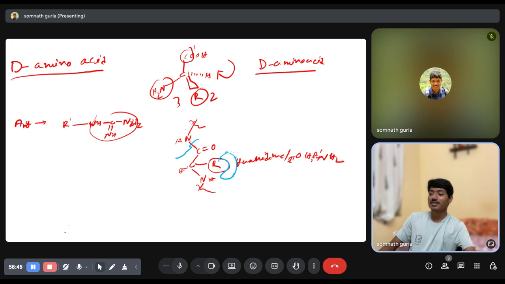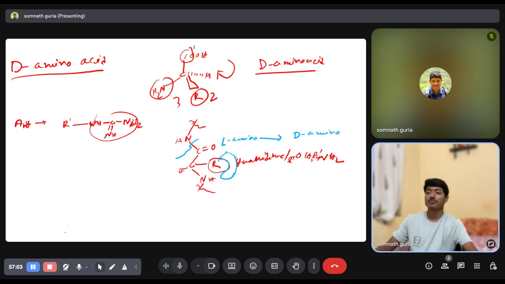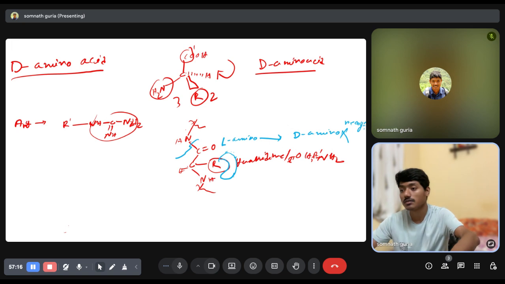If this is the L amino acid, now it becomes the D amino acid, which is actually mutated by the bacterial cell. So my enzyme will not recognize it, and then it doesn't kill the cell, so bacteria can survive.